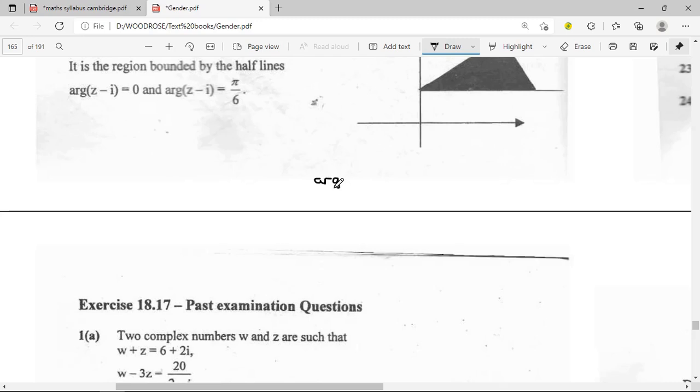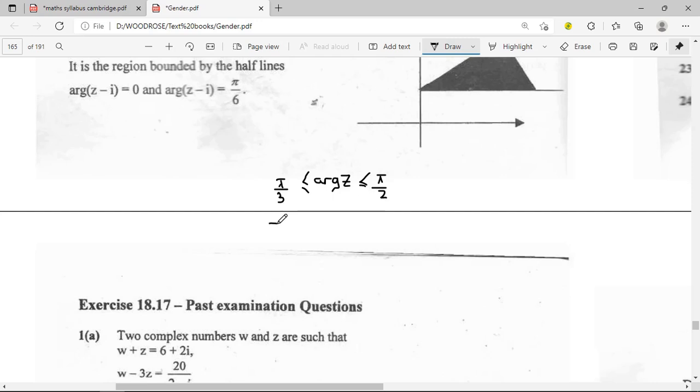Argument of z less or equal to pi over 2, here less or equal to, let's say, pi over 4 or pi over 3. Let's put pi over 3. We want to sketch the region represented by this one. So we say pi over 3 less or equal to argument of z less or equal to pi over 2.